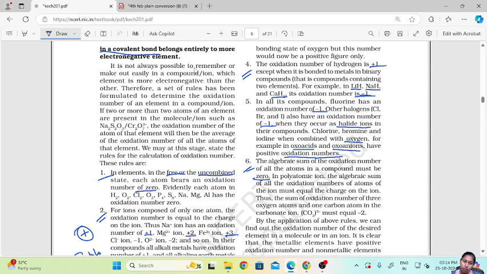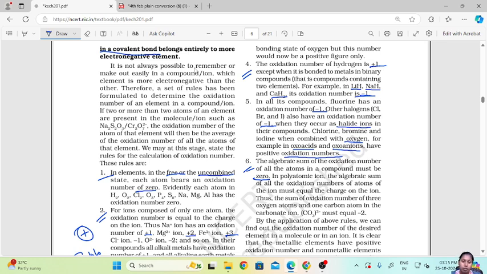In polyatomic ions, the algebraic sum of the oxidation numbers of all atoms of the ion must equal the charge on the ion.